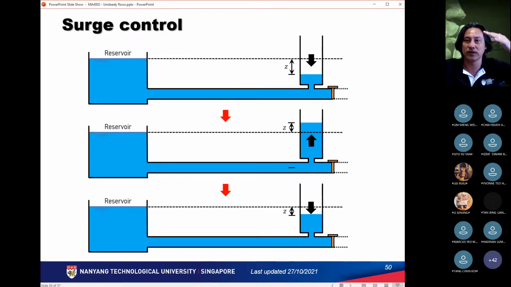Once the water level hits the maximum level, it's going to go down, go up again, go down, and the delta Z, or in this case, the Z, will gradually get reduced until everything gets damped.